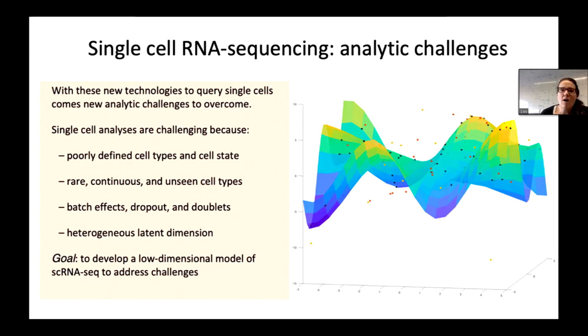So first of all, as we've seen a little bit already, often the cell types and cell state are poorly defined. We don't really have good ground truth. Also, cell types are not necessarily distinct, but maybe they have a more continuous definition. Something that we see a lot in these data is that there are rare or continuous or unseen cell types where we just see some kind of cell that looks like an anomaly, like an outlier.